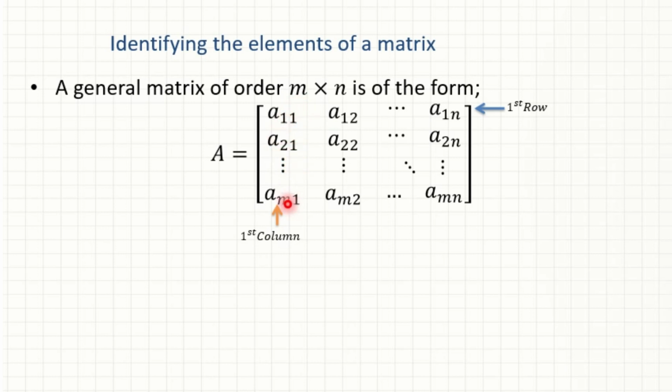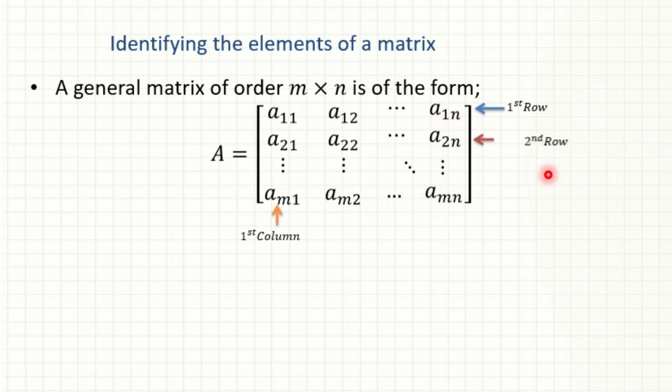Now the column ends at Am1. m represents any number of rows that will be there, that is our mth row. Now the other is the second row. The second row is this one, and our second column is here. Together, this is our nth column and our mth row.